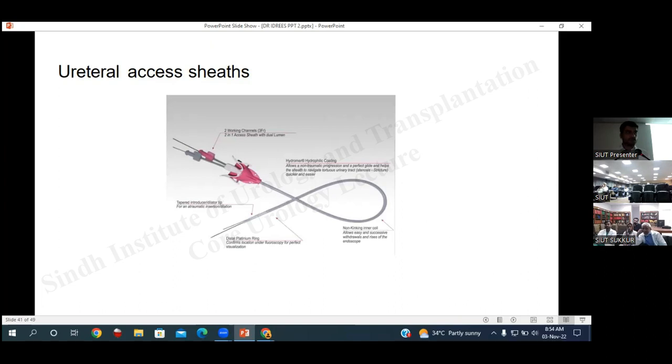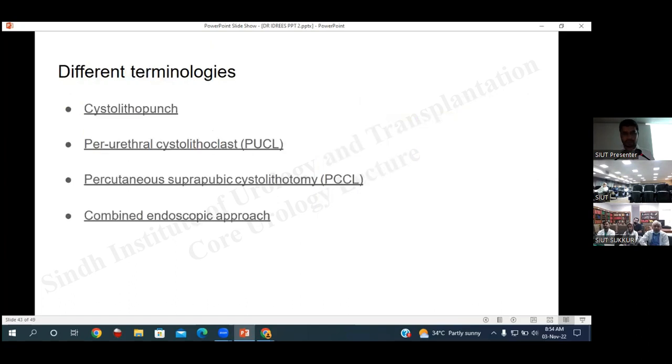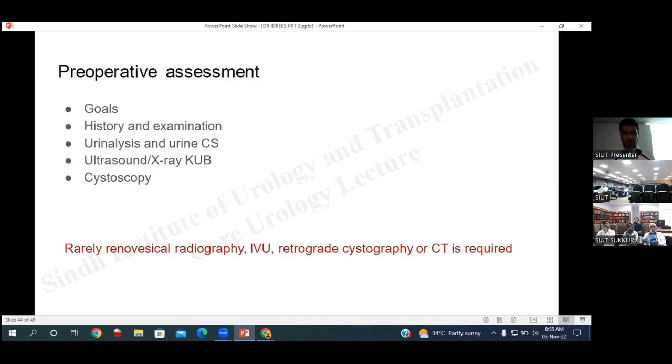Yes, sir. Rightly said. Now, cystolitholapaxy. Cystolitholapaxy is the breakage of a stone in the bladder into small pieces and removing them endoscopically. Different terminologies are used: cystolithopunch, perureteral cystolithoclast, percutaneous suprapubic cystolithotomy, and combined endoscopic approach.